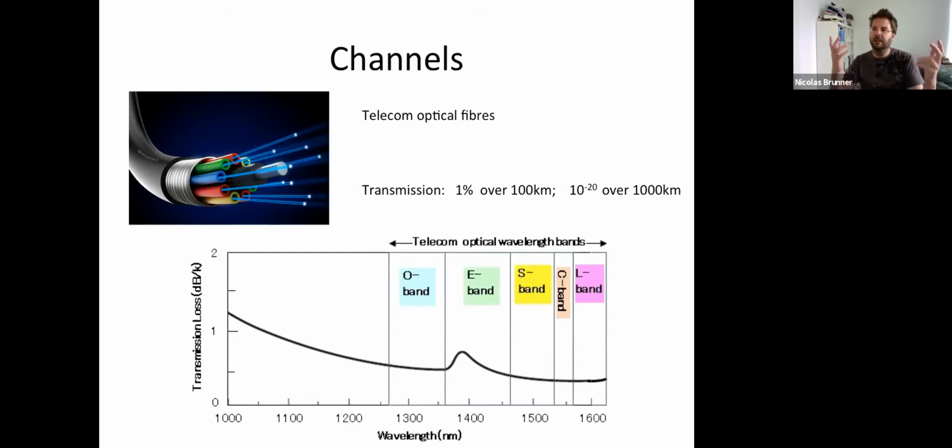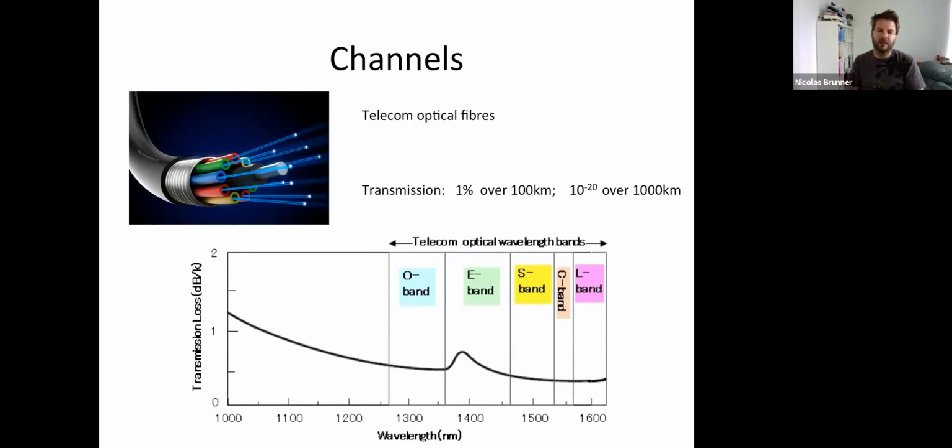Because, okay, if you think of our environment, in daylight, for instance, there are billions or trillions of photons moving around, right? So if you encode your polarization qubit on one photon and you want to send it from one location to another one, in this huge ocean of photons, it's pretty challenging.